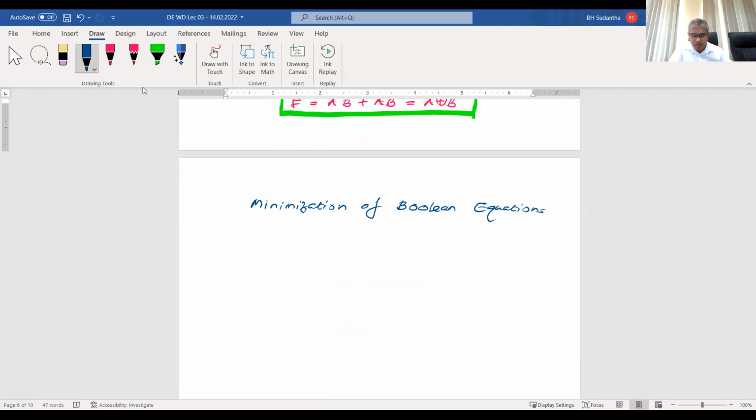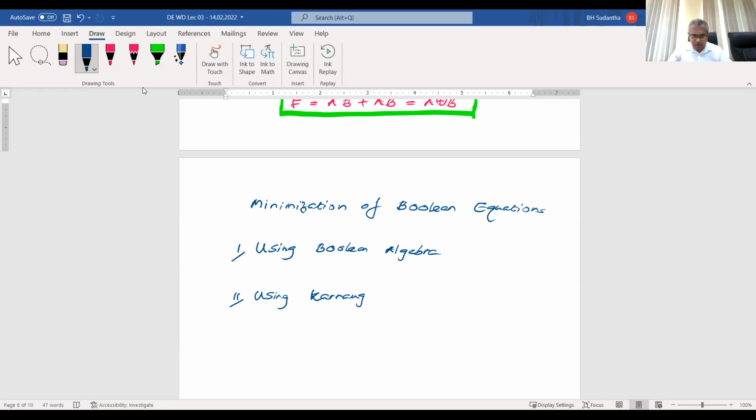Okay. For this, we have two methods. The first method is using Boolean algebra. We can minimize equations. The second method is using the Karnaugh method.